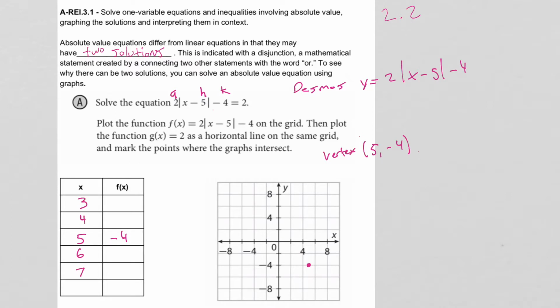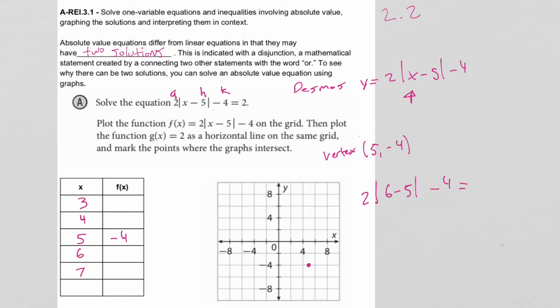So let's try that. When I plug in 6, at least if I'm plugging it into something like this, I'm going to get 2 times the absolute value of 6 minus 5, minus 4.